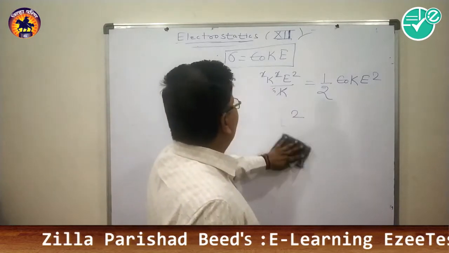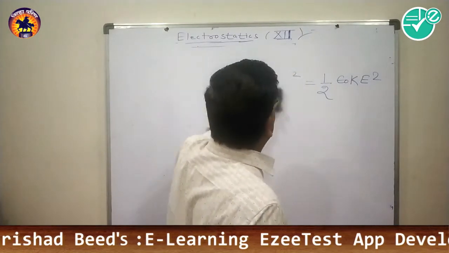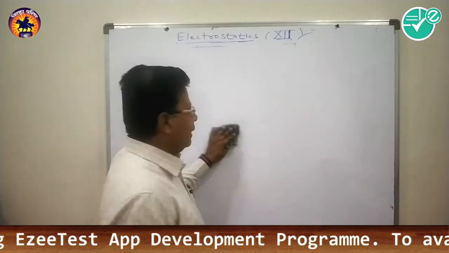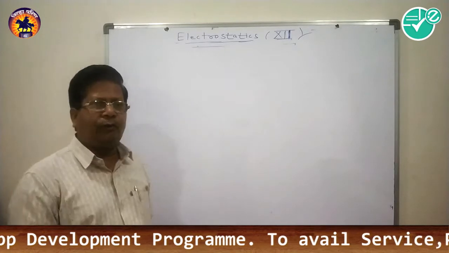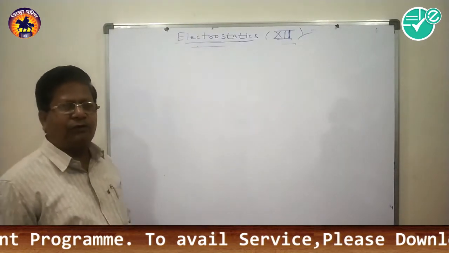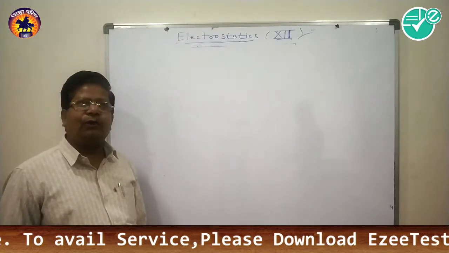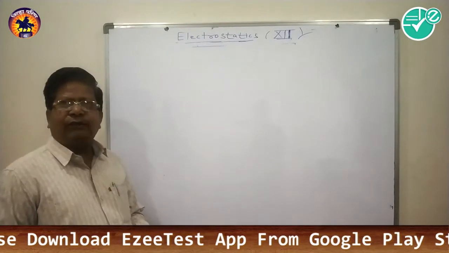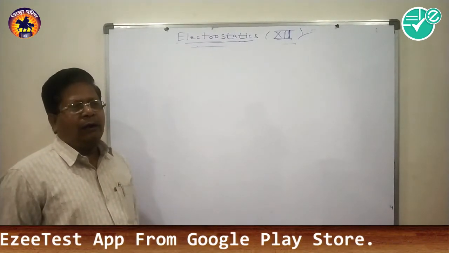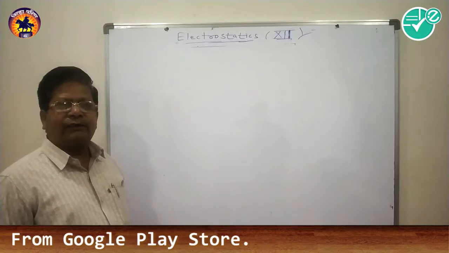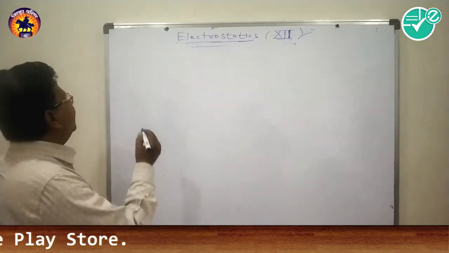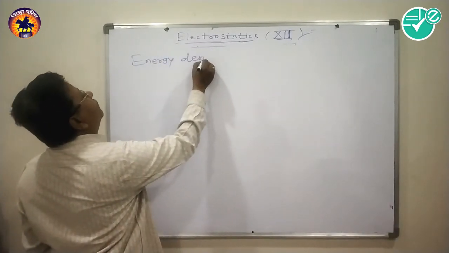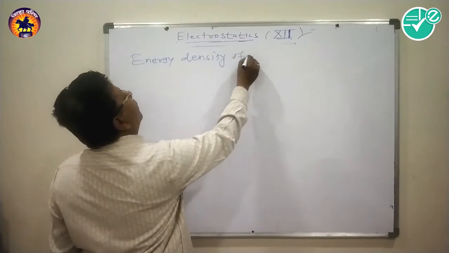Small f is equal to capital F divided by ds, which is equal to sigma square divided by 2 epsilon 0 K, and another formula is small f is equal to capital F divided by ds is equal to 1 by 2 epsilon 0 K E square. And by using this formula we are going to study the next article, which is called energy density of a medium.